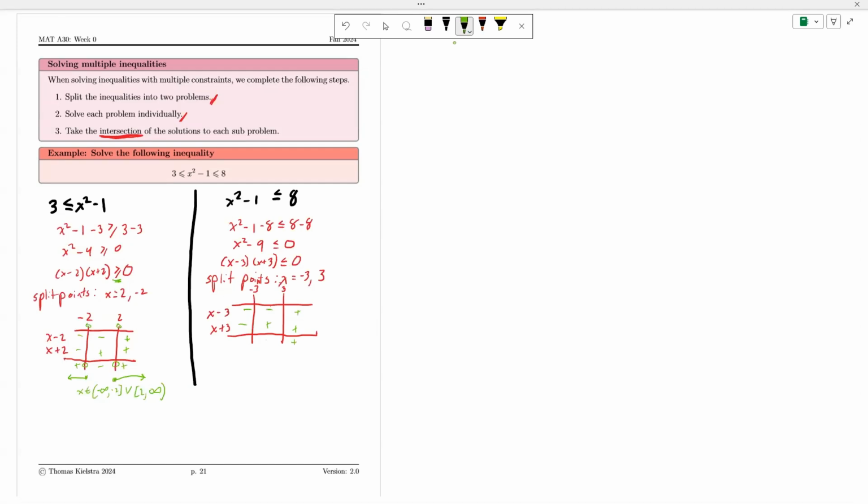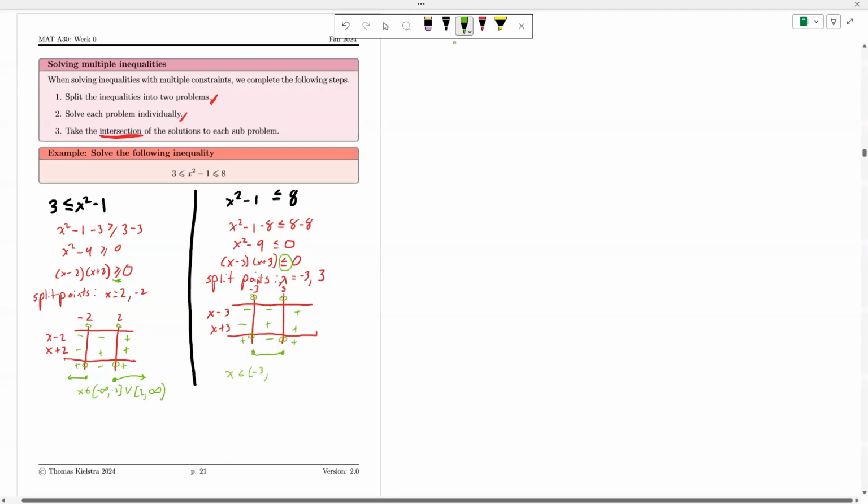Doing the multiplication, positive, negative, positive, and we're indicating that we're equal to 0 at these points. Now, we want less than or equal to 0 here. So we're going to take negative and 0, meaning that x is in minus 3 to 3.